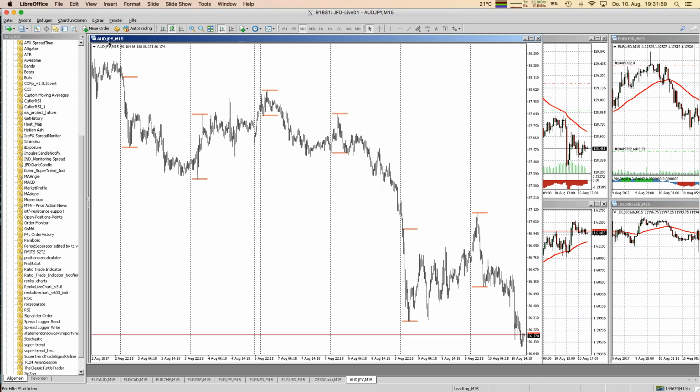Let's start here. So the range is defined. At the end of the range, we would place our 2 orders. Later in the day, at that position here, the short order would have been triggered. Shortly afterwards, we have been in the minus, but finally, at the end of the day, even before swap costs, the trade would have been profitable.